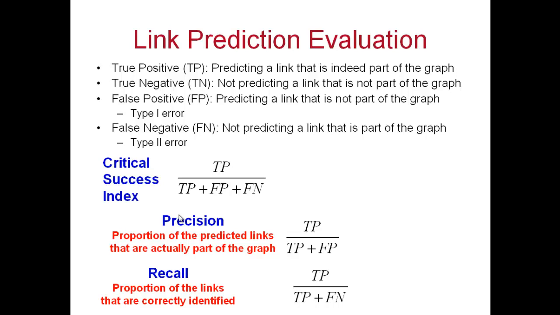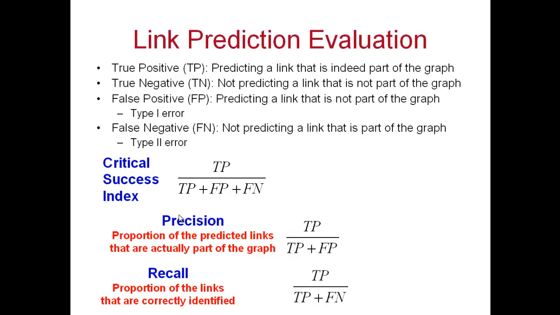Now false negative is a type 2 error. It means there is a link between a node pair in a graph, and you are predicting that they're not going to have a link. So if you are allowed to predict only a certain number of links, you indeed end up not predicting a link that is part of the graph.